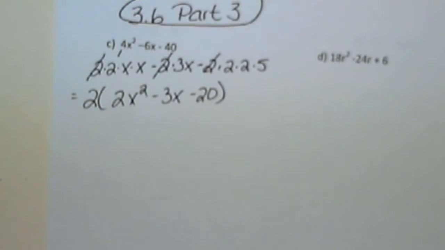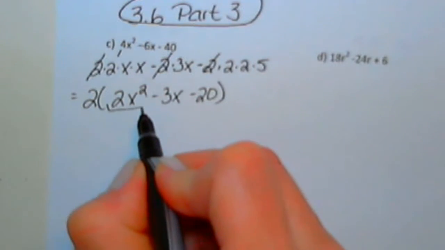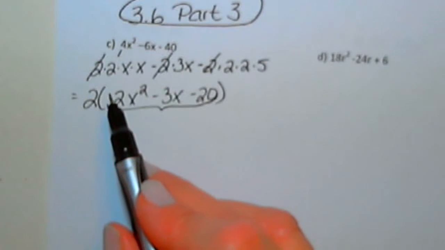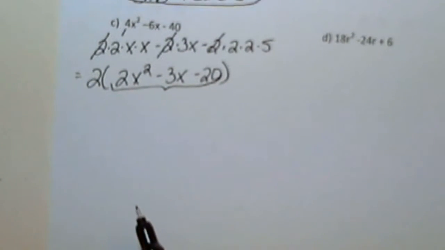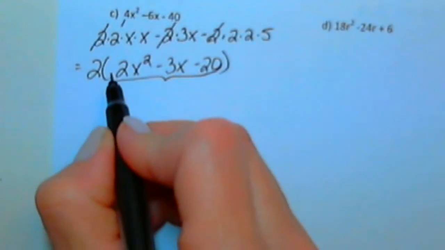So after you've checked for GCF, you need to take a look at the inside part and decide if you can factor that. And you're going to have to make choices. Is it the a equals 1 steps or the new stuff from today where a doesn't equal 1? Well, obviously a is not equal to 1, so we're going to have to use our new steps, which again are called decomposition. So this 2 for now is going to be ignored.